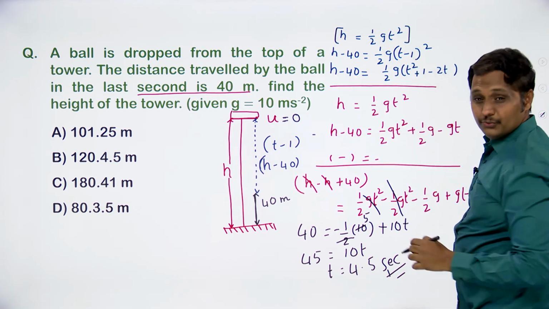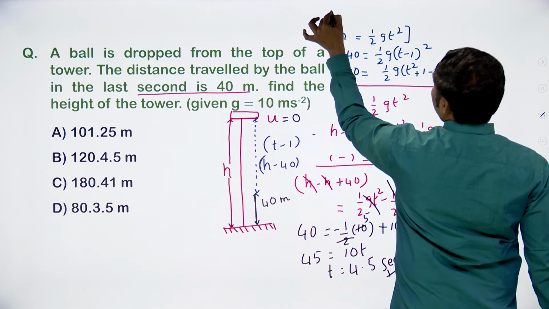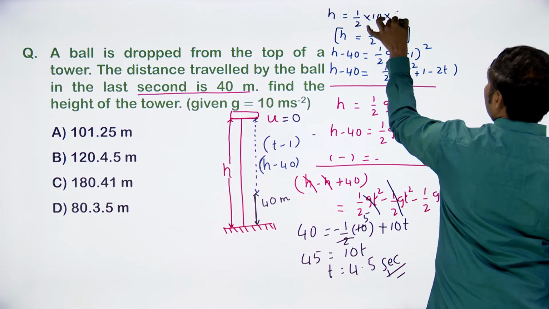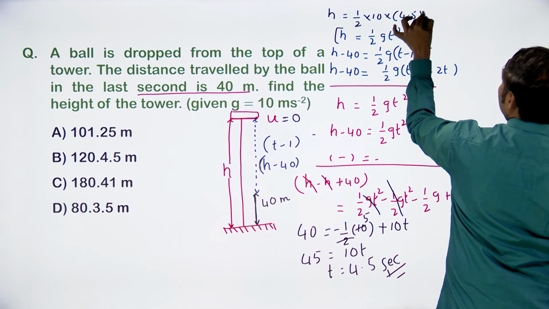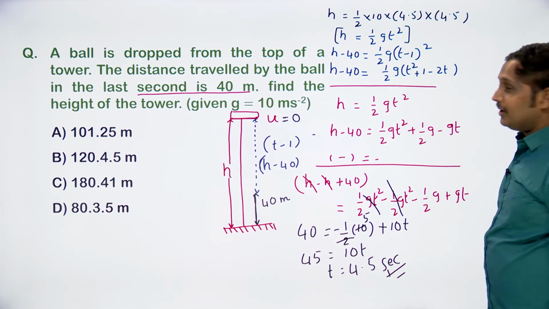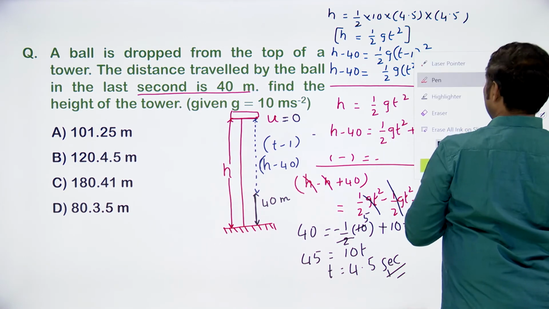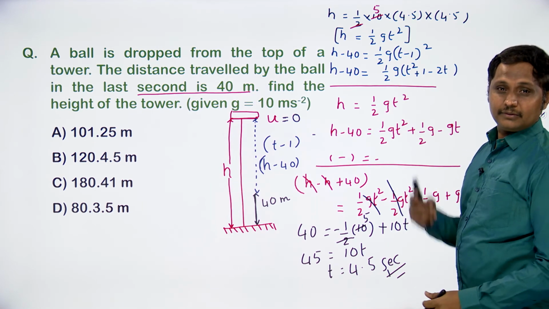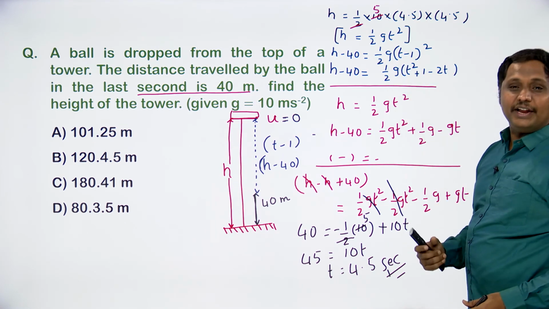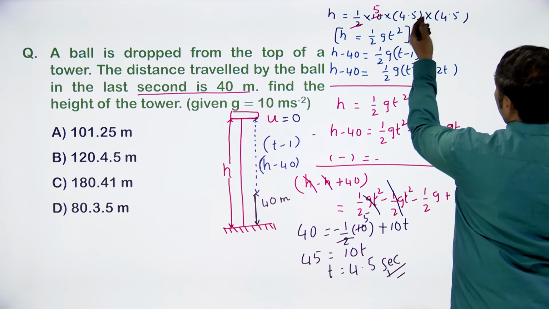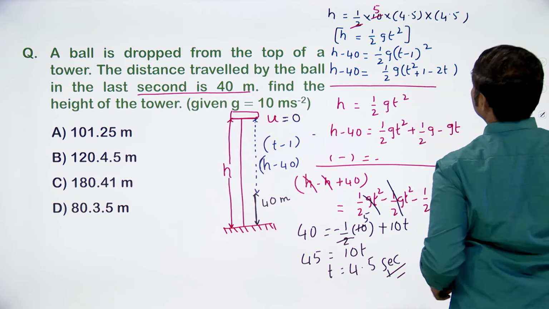You have to use h is equal to 1 by 2 into 10 into 4.5 into 4.5. Let us have the simple calculation. Yes, you can use this equation 1 to get that h value, it is very clear. So, you will multiply this one and you will get this value.